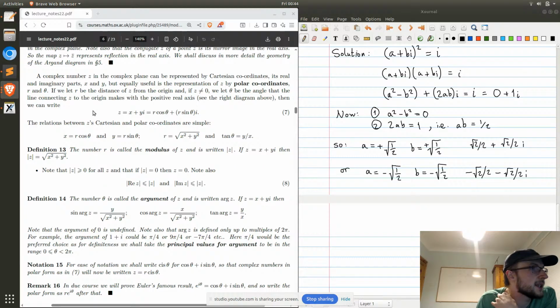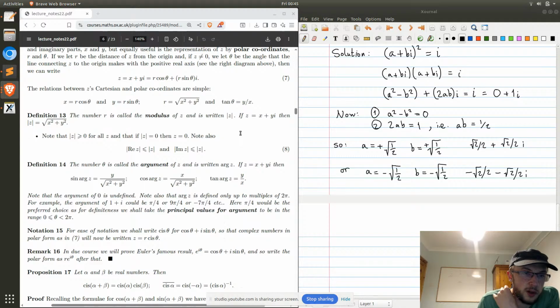Yes, indeed, they are that x is equal to r times cosine of theta, and y is equal to r times sine of theta, and r is the square root of x squared plus y squared, or the square root of a squared plus b squared, if you're more used to that. And tan of theta, the tangent of theta, is equal to y over x, of course. Opposite over adjacent.